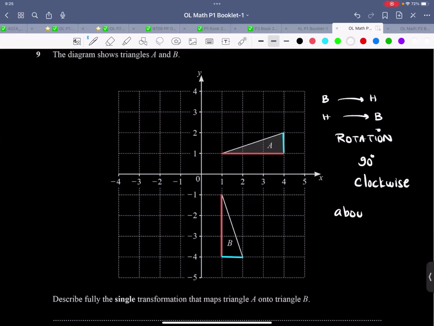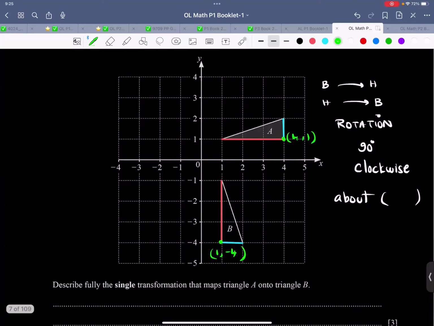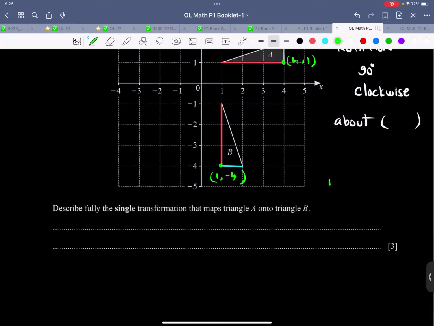About which point? That is the only thing that you need to make sure. So if I focus on this point, that is 4, 1, and that is the intersection over here. This is 1 and -4. So the rule is 4, 1 becomes 1, -4.